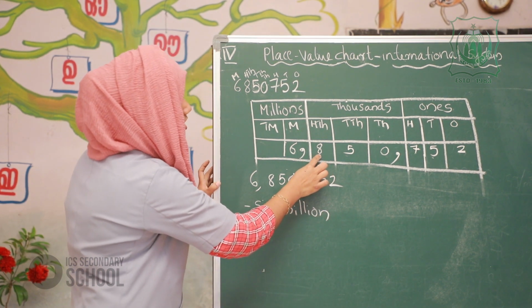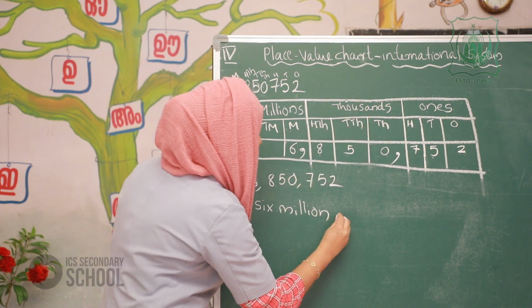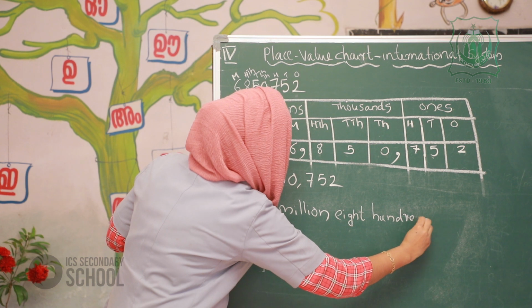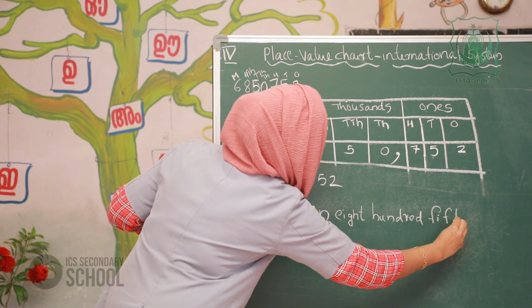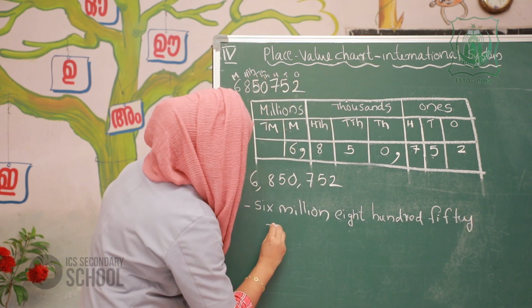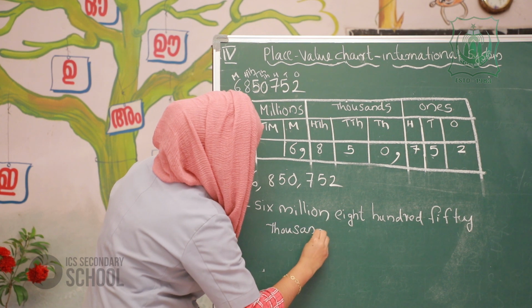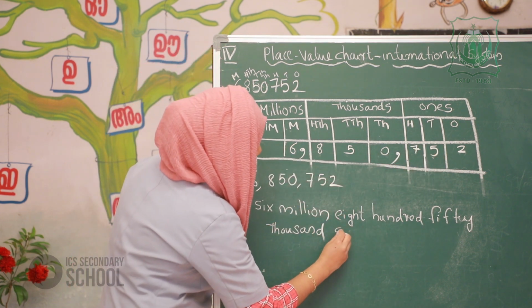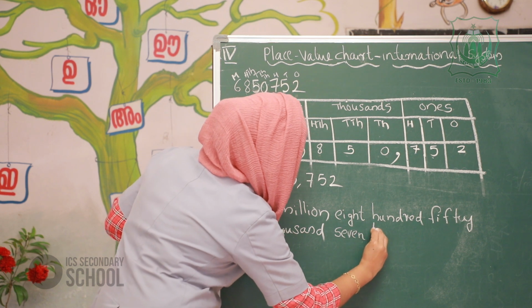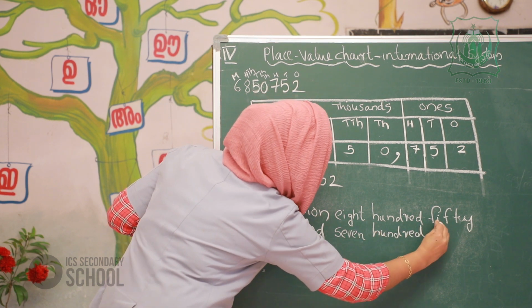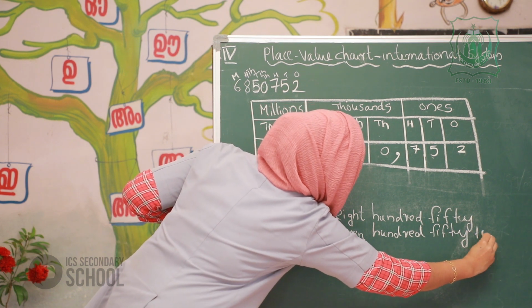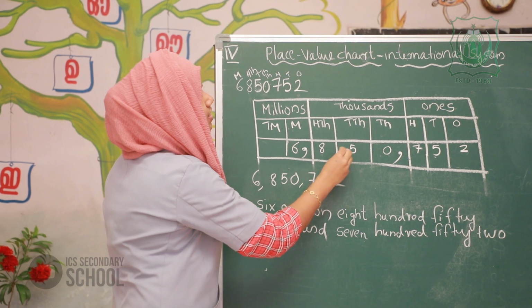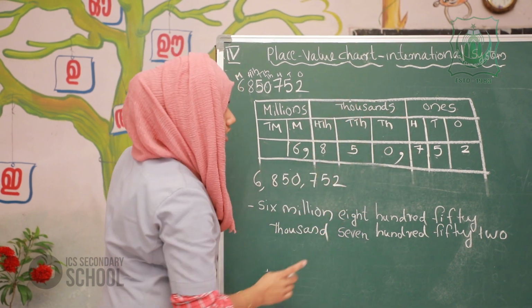Next, 850,000. 800, 50,000. 752. Okay? Is it clear that the number is 6,850,752?